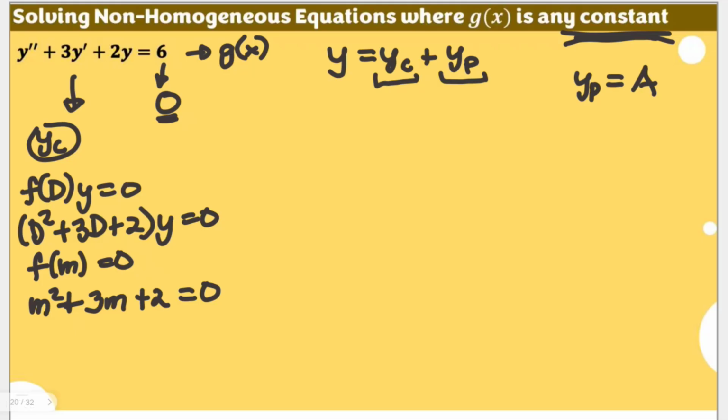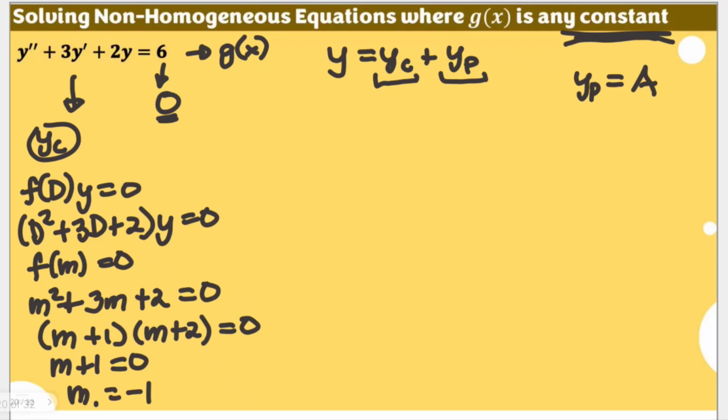We know that this can be factored as m plus 1 and m plus 2. If you have problems with factoring, please try to review that. We also have different videos on our channel to help you with the process. Our first root here is when we equate this to 0 according to the zero product property. Our first root is minus 1.